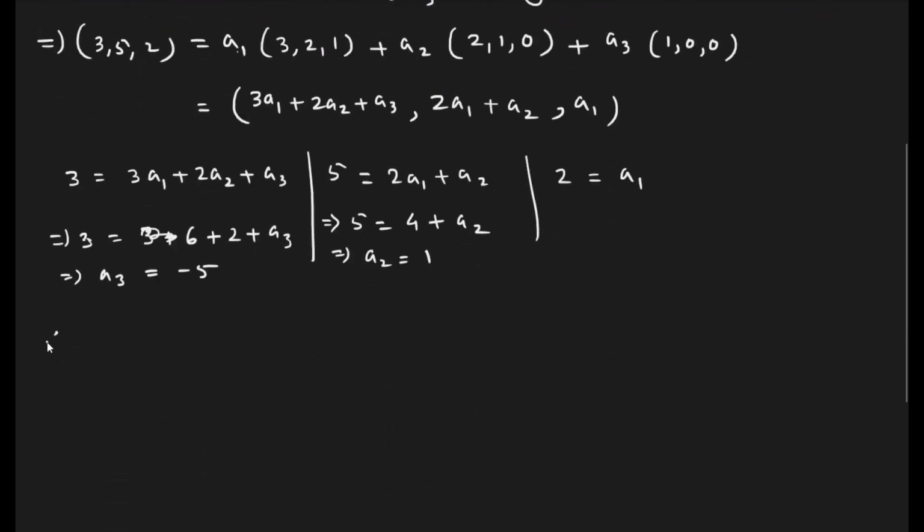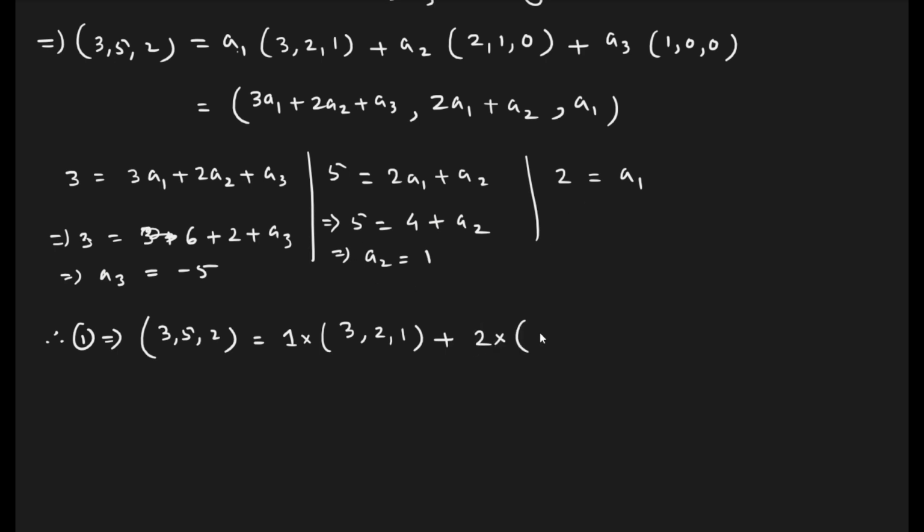So equation 1 implies, on the left side, what was there? V. So what was V? V is our (3, 5, 2), which equals the first element a1 into v1. So what is our a1? a1 is 1, so it's 1 into v1. Our v1 is (3, 2, 1). Okay, then a2: a2 is 2, so it's 2 into v2, where v2 is (2, 1, 0).